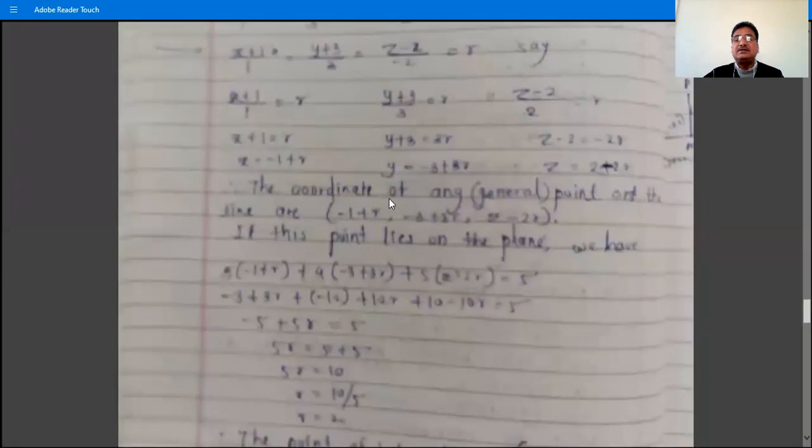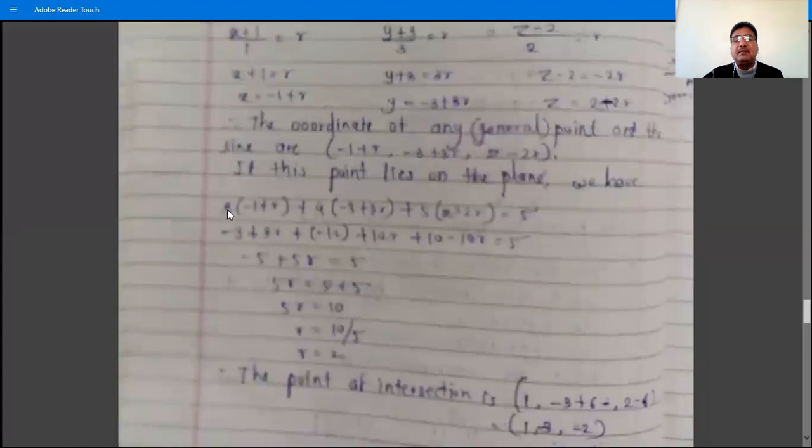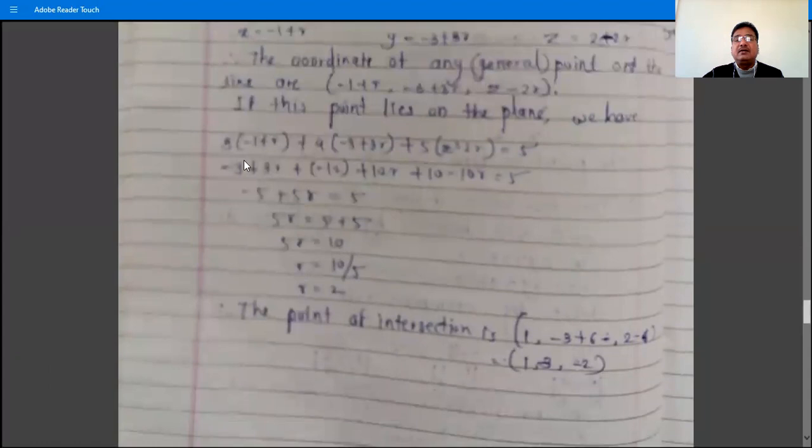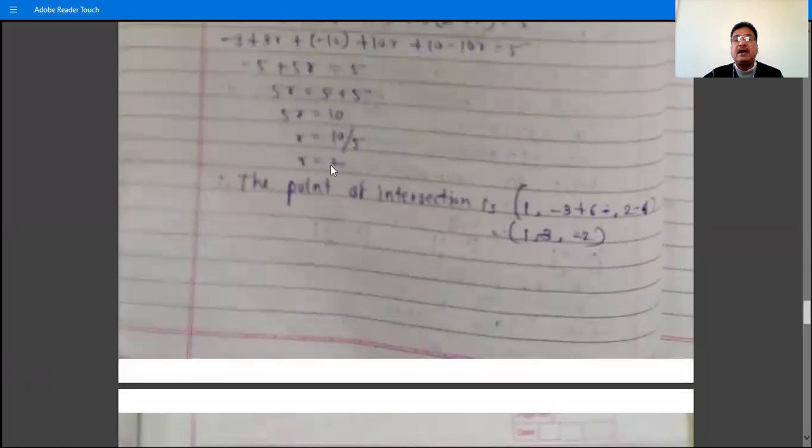Substitute x, y, z as minus 1 plus r, minus 3 plus 3r, and 2 minus 2r in the equation of the plane, and simplify: multiply by 3, by 4, by 5, and add the r terms and constant terms. So we have 5r minus 5 is equal to 5. So 5r is equal to 10, and therefore r is 10 by 5, that is r is 2.